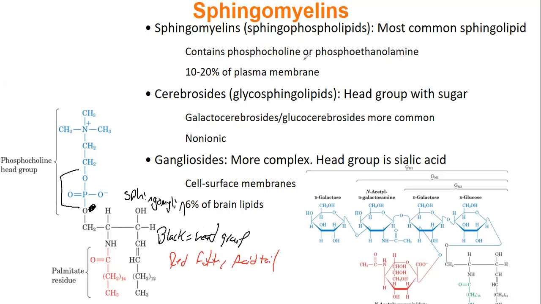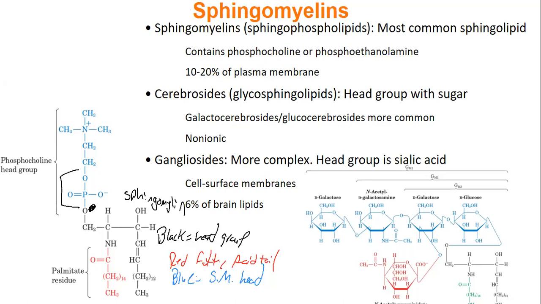And the blue is more or less what makes this a sphingomyelin. The SM means sphingomyelin. I just didn't want to write it out again. So the blue is the specific head group for the sphingomyelin there. And as it says on the slide, this roughly makes up 10 to 20% of the plasma membrane.